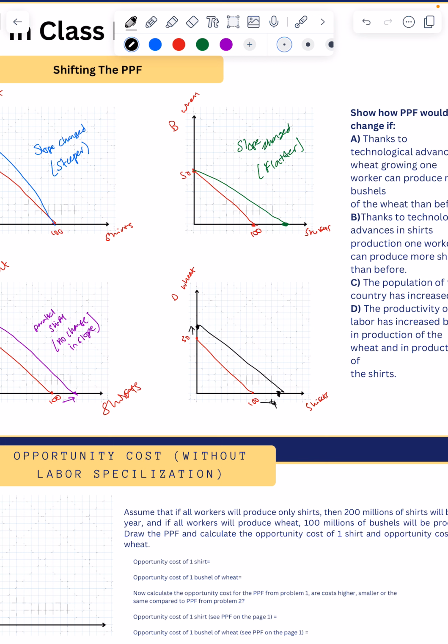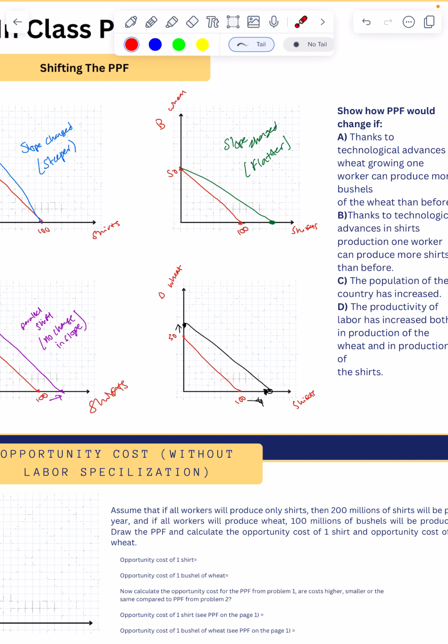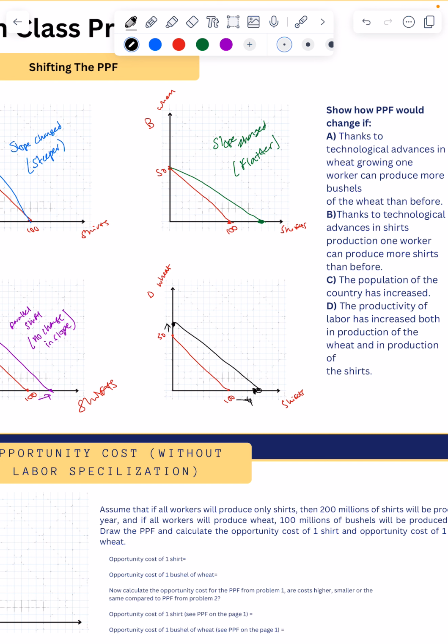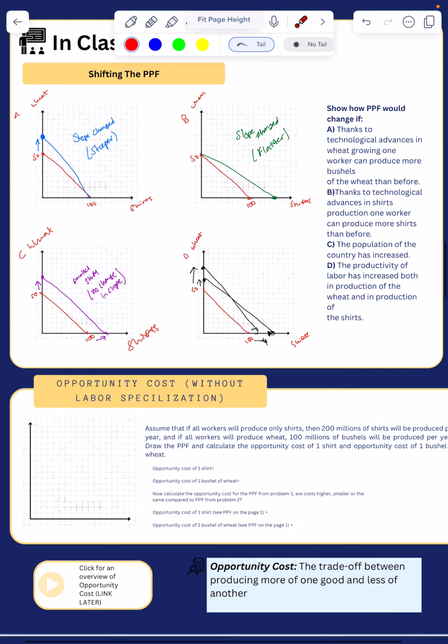So the shirts will still have a higher increase, which means we would get that same flatter slope that we see in situation B. Now, if we have a different scenario where production in wheat increases more than production in shirts does, we would get a situation like we had in situation A over here, where our slope would get steeper.